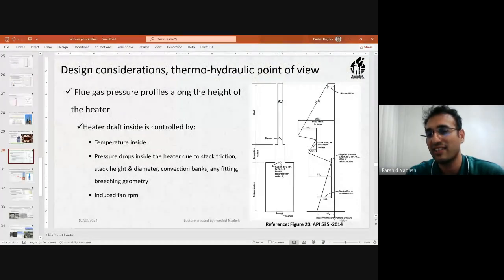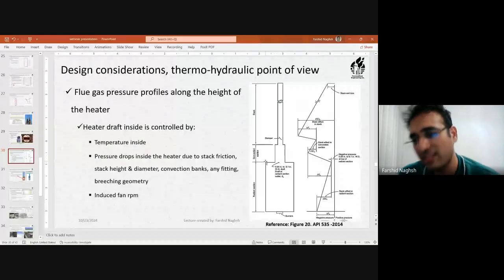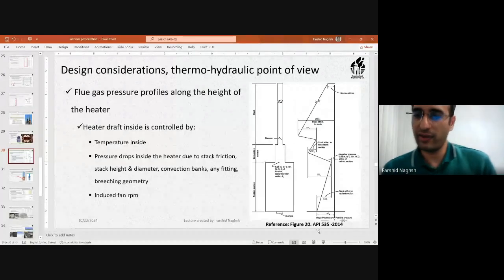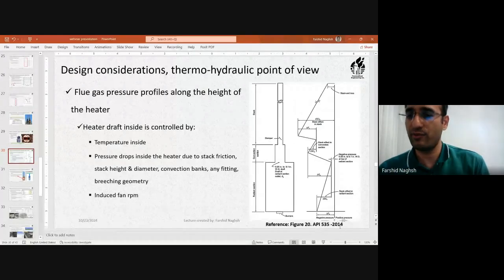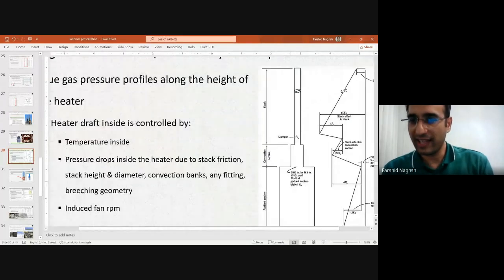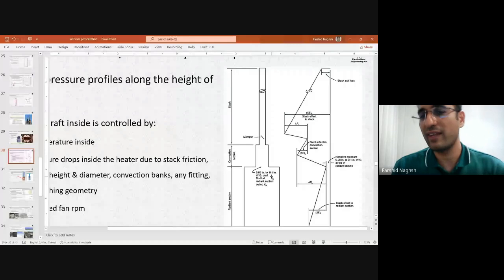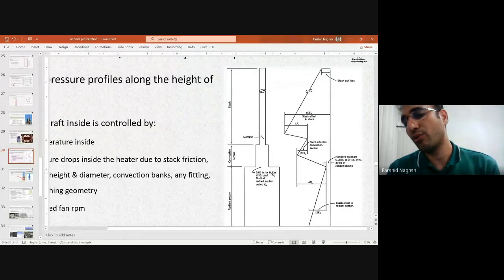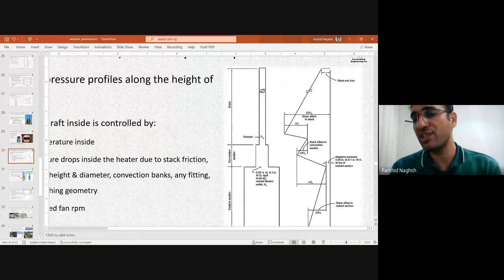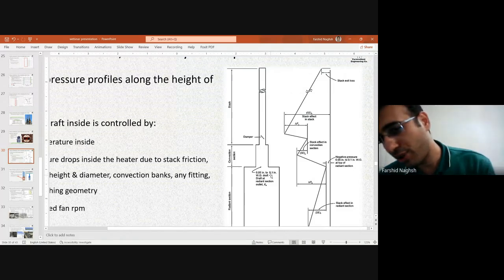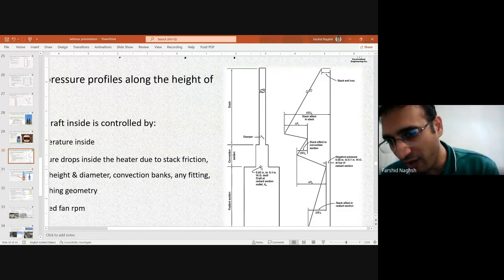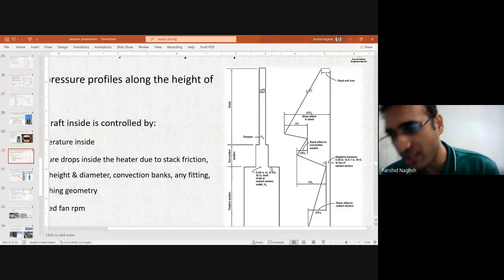This picture is taken from API 535 revision 2014. You see that it mentions that you have to have 0.05 or 0.1 inches of water gauge draft. Draft means negative pressure. So you have to have minus 0.1 inches of water gauge of negative pressure here.